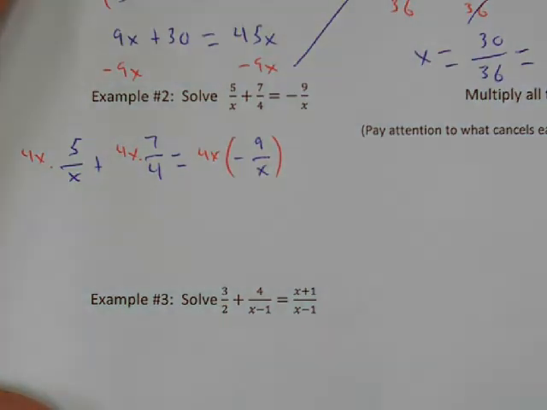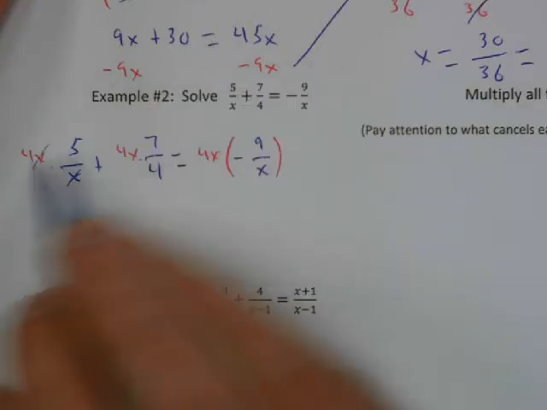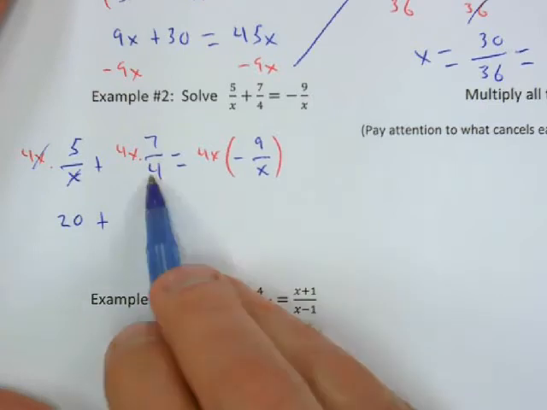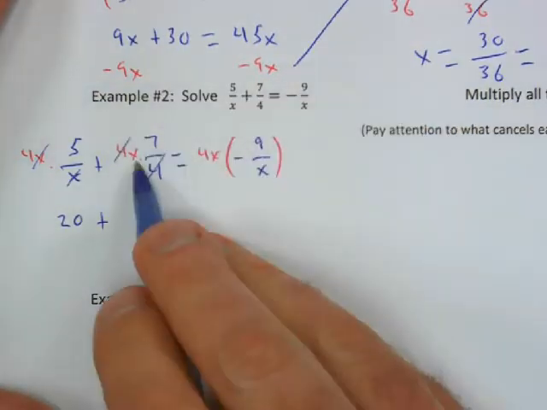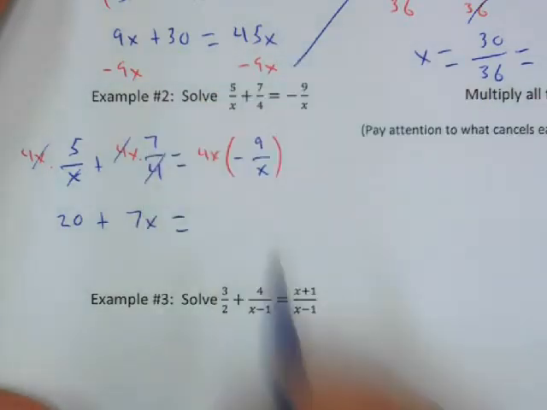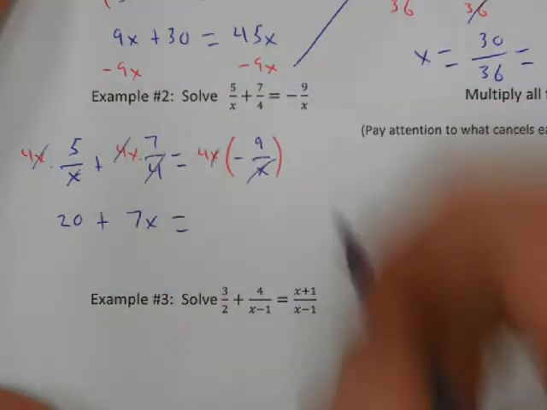Next, what do we get when we multiply everything by 4x? Well, here the x is reduced, and I just get 4 times 5, which is 20. So no fraction there, that's good. Here the 4 is reduced, and I get x times 7, which is 7x. No fraction there, that's good. And then here the x is reduced, and I get 4 times negative 9, which is negative 36.